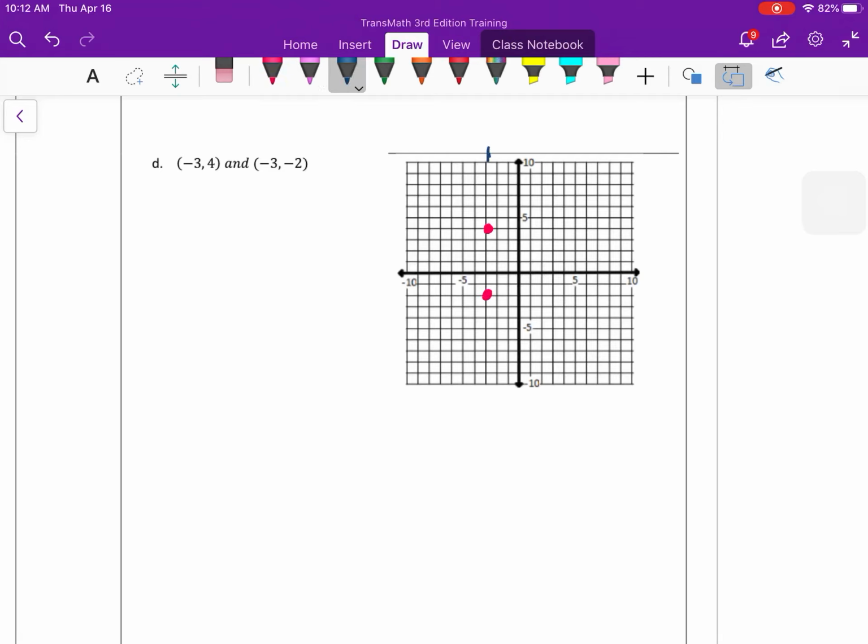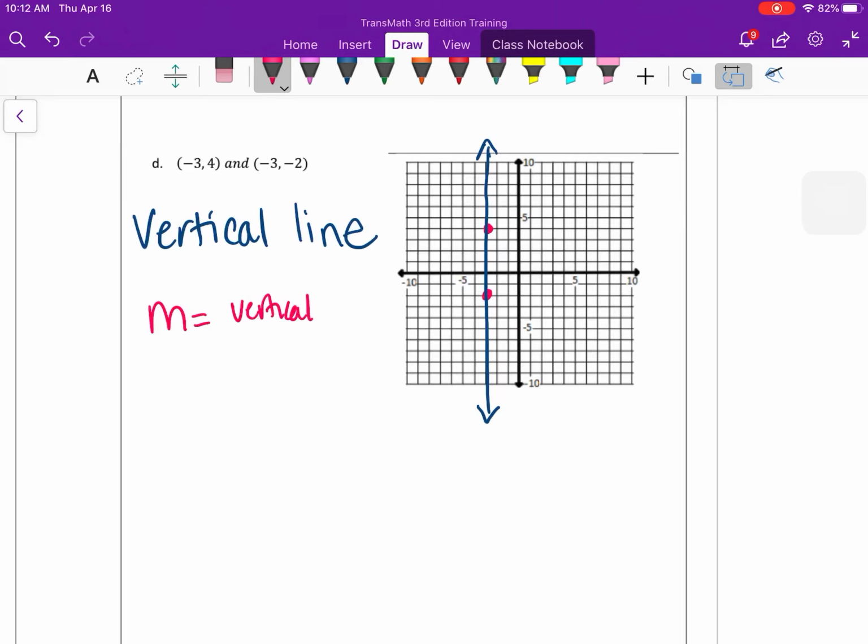Okay, so if you connect these two dots, you'll see that this makes a vertical line. If you remember the slope of a vertical line, this is rise over run, vertical change over horizontal change.